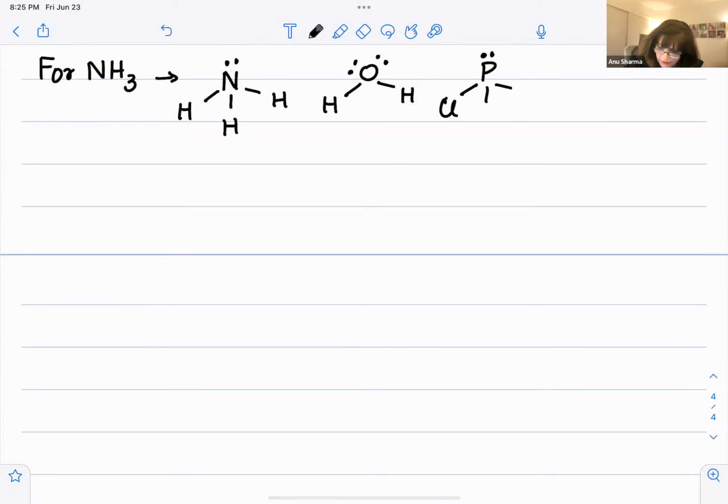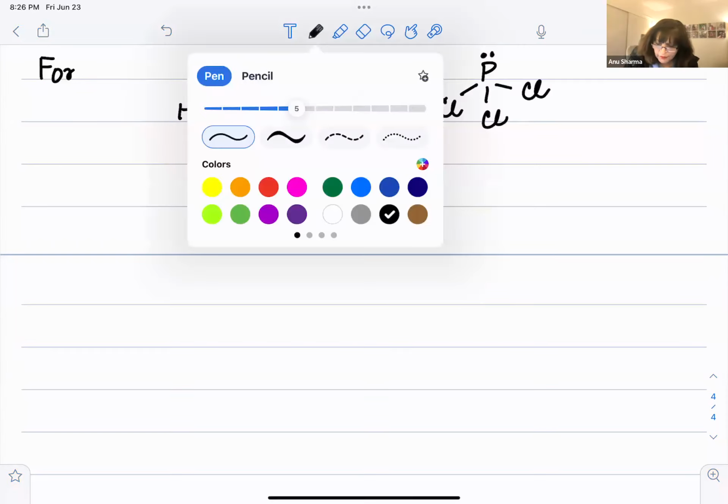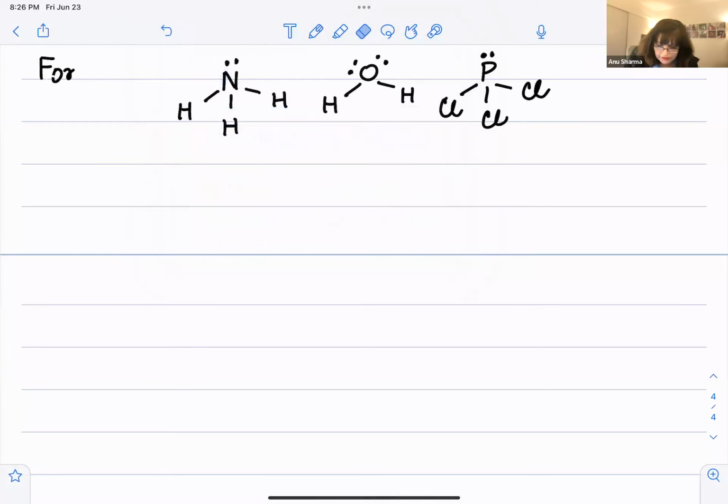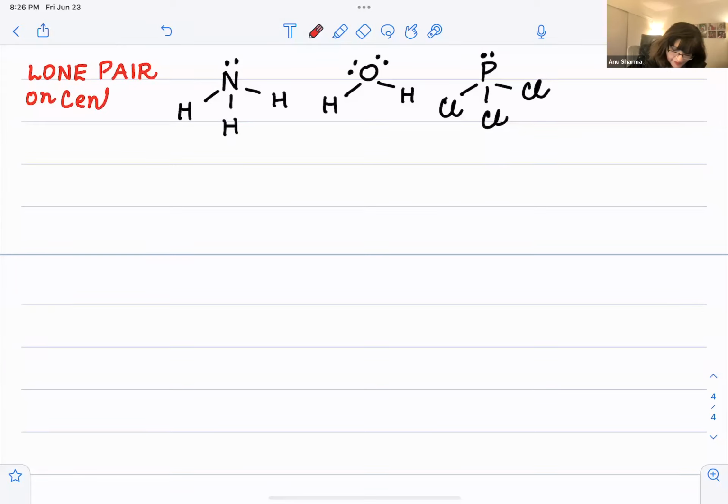So if you have a structure like this, for these type of molecules, there is a lone pair on the central atom. So they're always going to be polar.